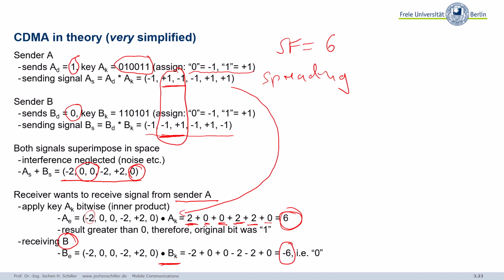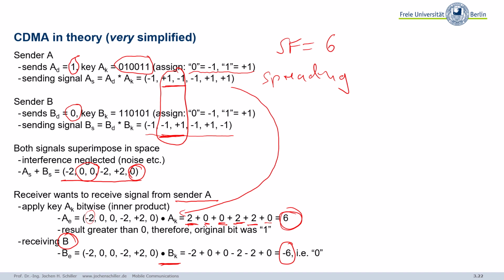And if it's less than 0, we say this must be a logical 0. Okay, so this is basically what the correlation does. More in the next slides. A simplified example, but that's the basic idea.